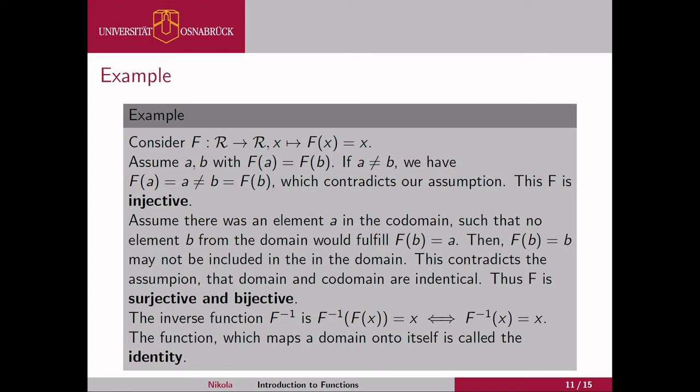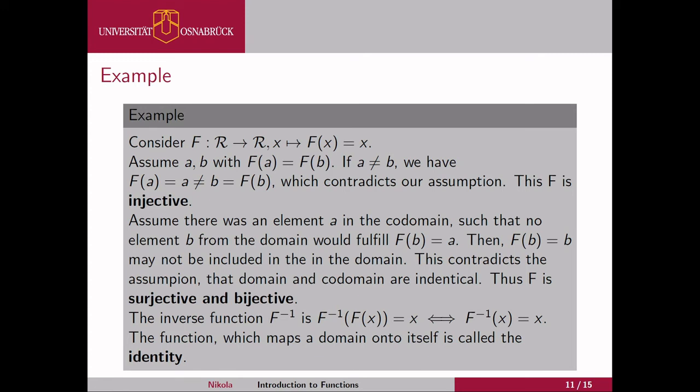But this contradicts our assumption that we have identical domains. We just figured out that if a of the codomain is never hit from the domain, this would mean that this particular element can't be in the actual domain because everything maps onto itself. But we have identical domains, so we have a contradiction to our assumptions.